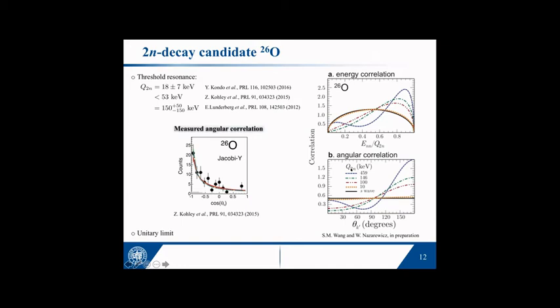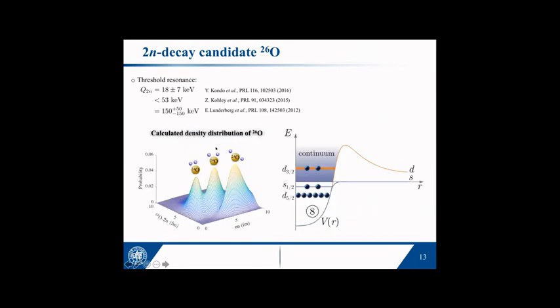As the two-neutron separation energy gets close to the threshold, the distribution becomes closer to the S wave, which will converge to a unitary limit. In this way, the asymptotic correlation section will become independent from the structures.